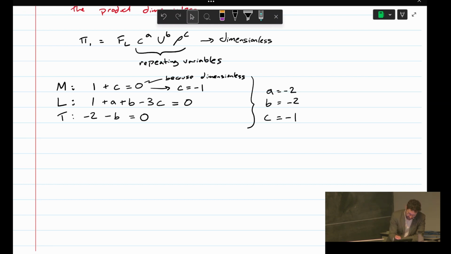Okay. So this means that pi1 is FL over rho u squared c squared.